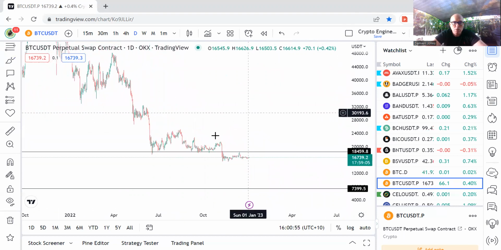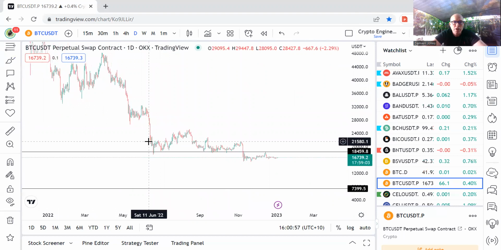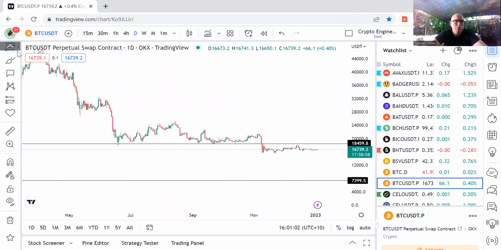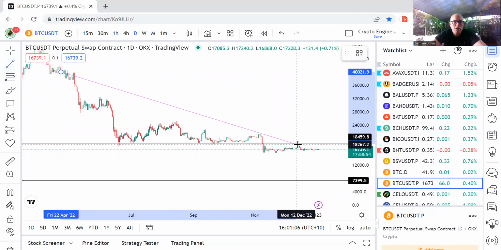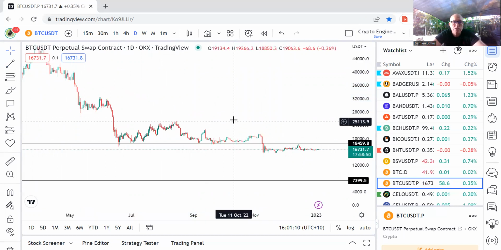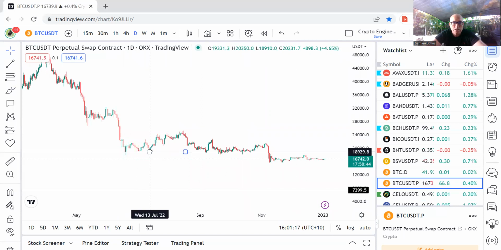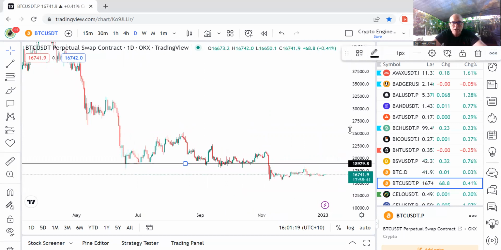What's happened here is we have come through and found an area of support through a bear market. A bear market means that the trend is bearish. That's not a very well drawn line, but it just shows the direction of the trend. It's come down here and it's actually bounced off the support line several times. Now you can see that I'm adjusting it to suit a more accurate analysis.